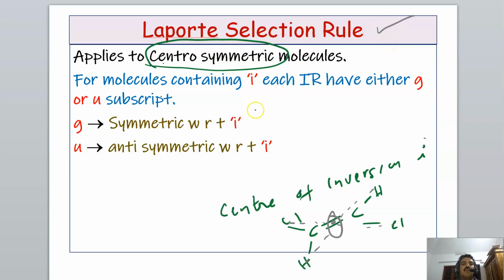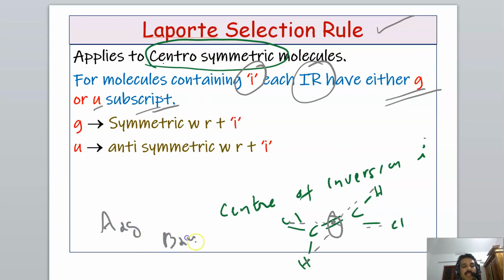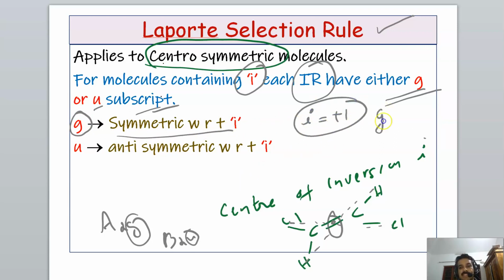And for all those molecules containing the center of inversion, the irreducible representations, that is IRs, have either a g or u subscript. That is, they are denoted as A2g or B2u, like that. There is a subscript g or u. And g, we know, is symmetric with respect to i. That is, if the character of i is equal to +1, then we use the subscript g.